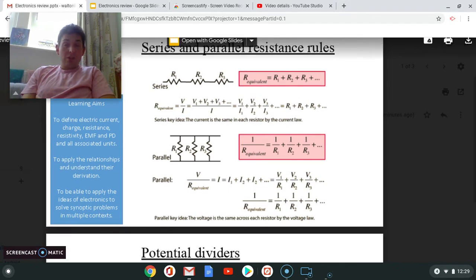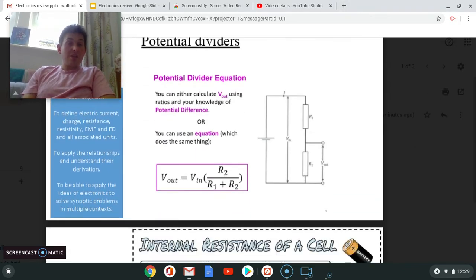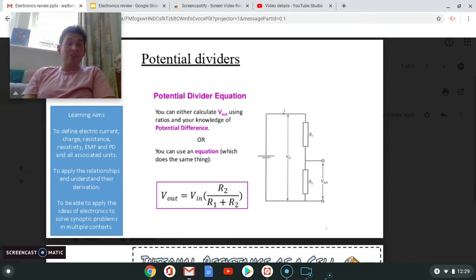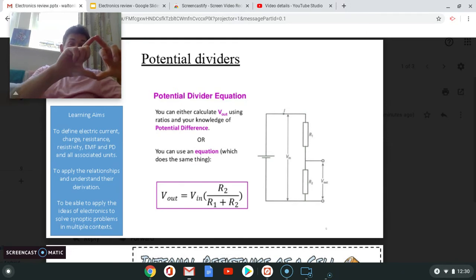Right, then we've got potential dividers, the easiest thing on the planet. It's simply a case of what share of the total resistance your resistor has. It's R over total, R1 plus R2, and then you just times that by the total input voltage, and that's your output voltage. They're really quite useful, and you can get potential dividers, sometimes called potentiometers, where there's one whole length, and you select what length of that you are choosing.